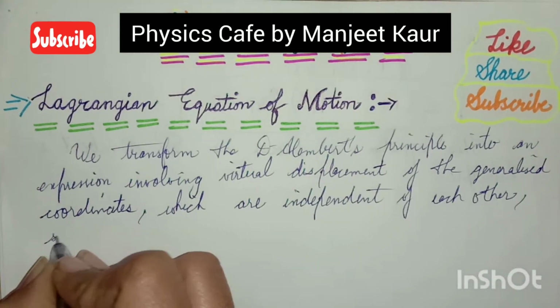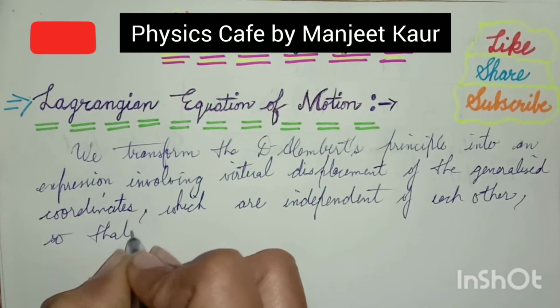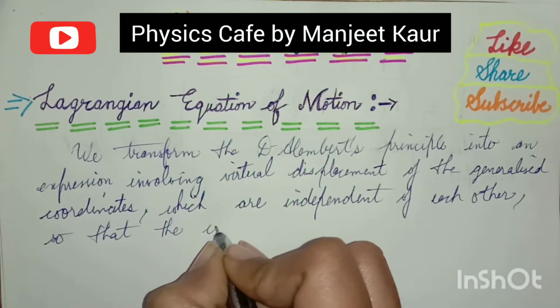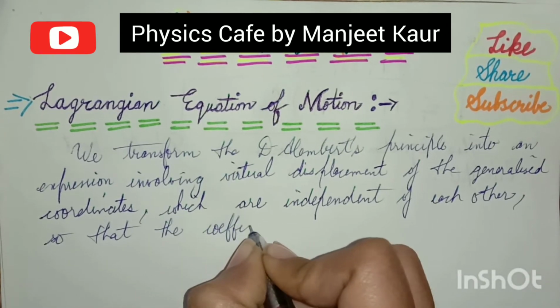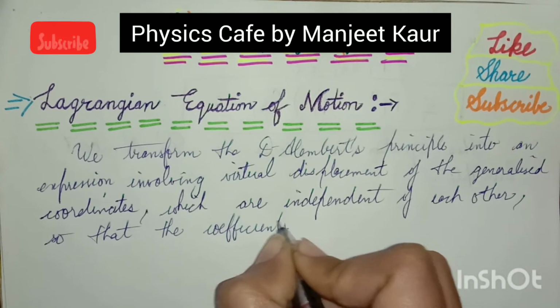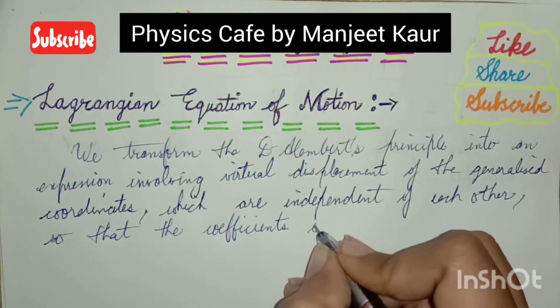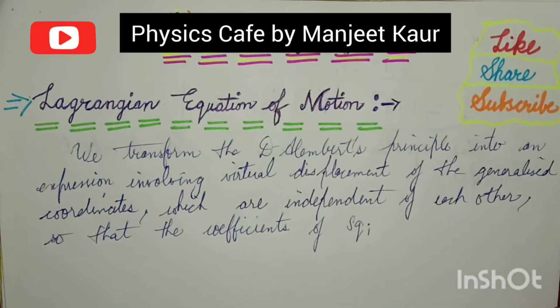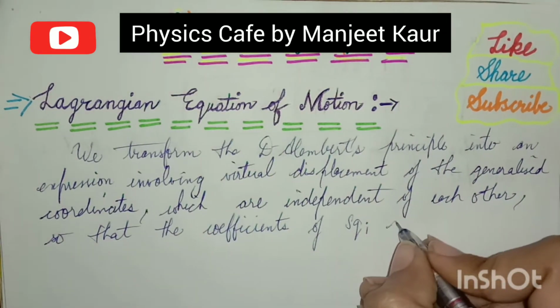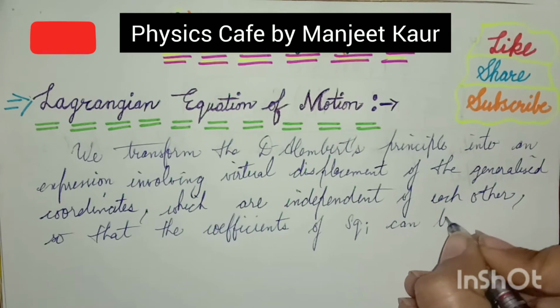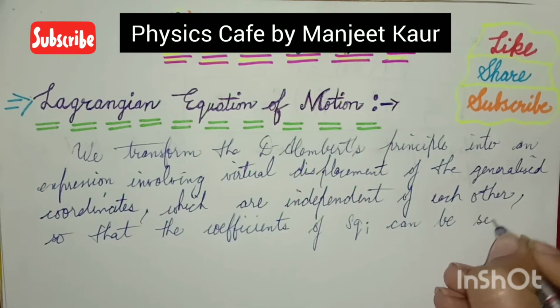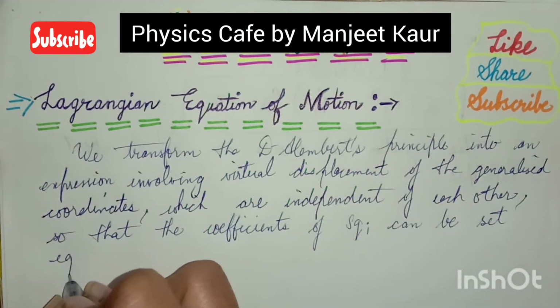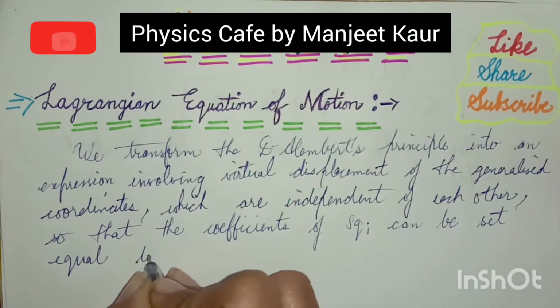So that the coefficient of delta qi, which is generalized coordinates, can be set equal to 0.